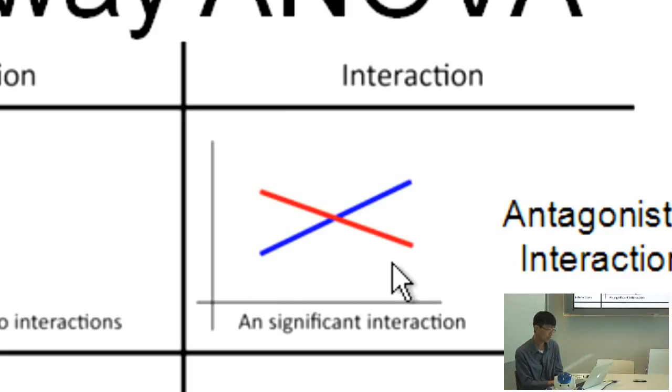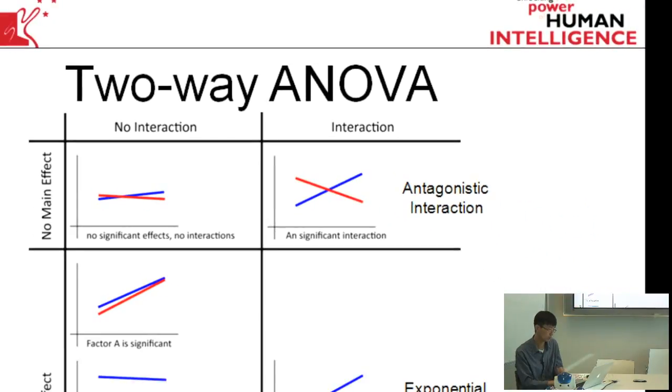So here, if you look at comparing the red line and the blue line, you cannot really say which one is above or lower. And if you compare the left side and the right side, you cannot really say which one is higher or lower. But it looks like there is a meaningful relationship between the two independent variables, which is crossing with each other.